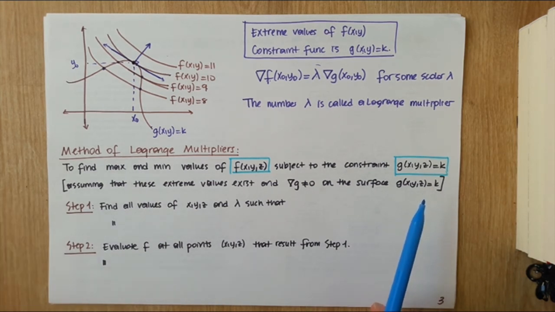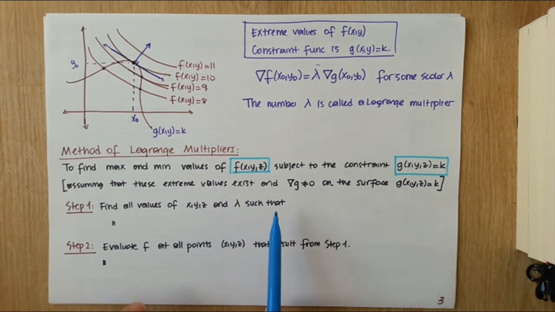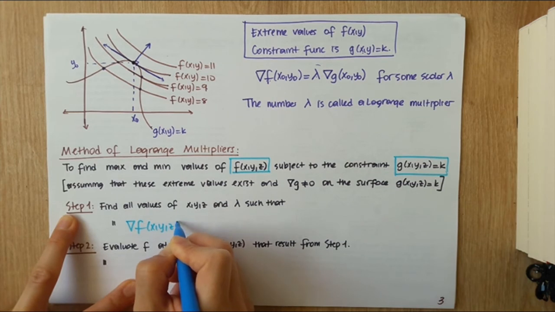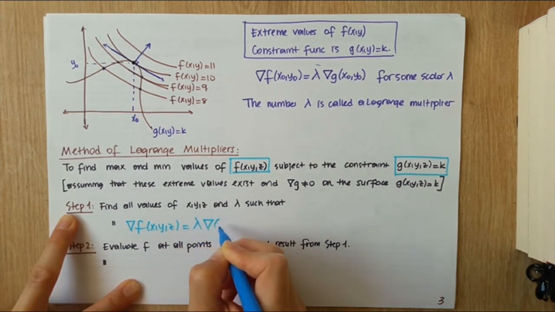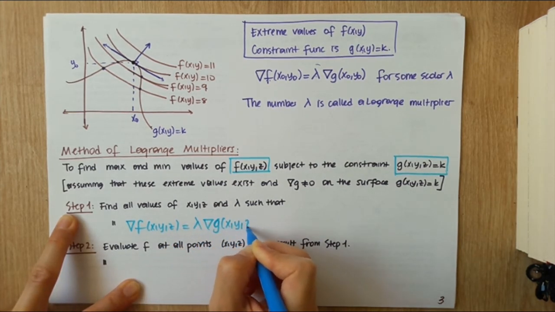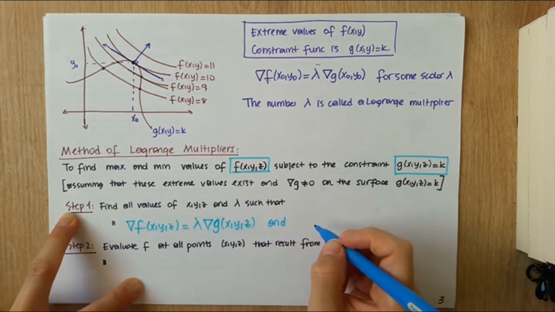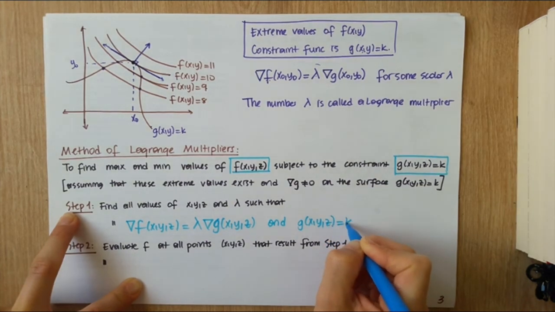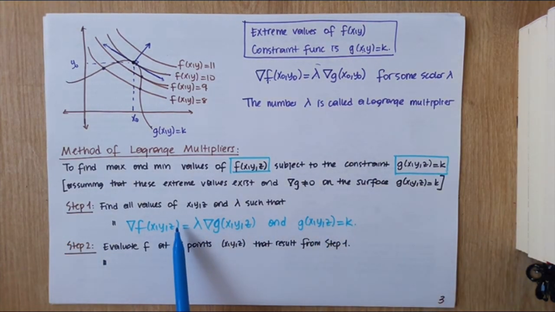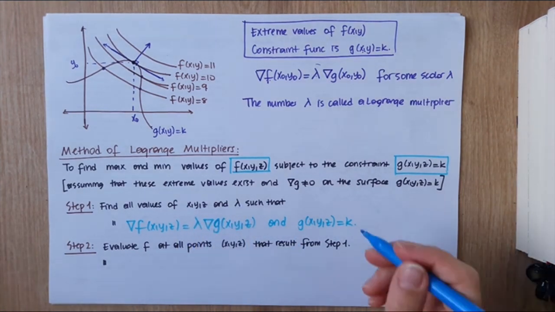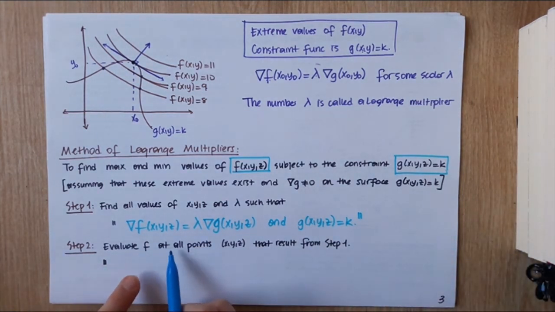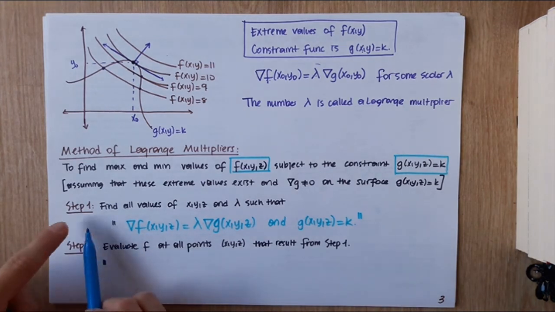First of all, we will find all values of x, y, z and lambda such that this equation is satisfied, gradient of f equals lambda gradient of g, and g of x, y, z equals k. Okay, we have two equations and we are looking for the points x, y, z and lambda which satisfy both of them at the same time. And then we will evaluate f at all points we obtained in step 1.